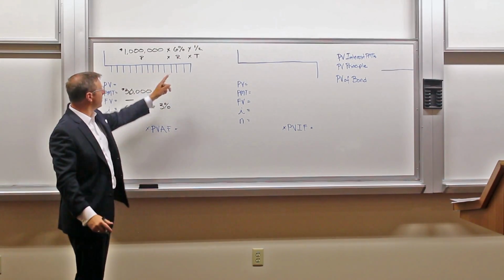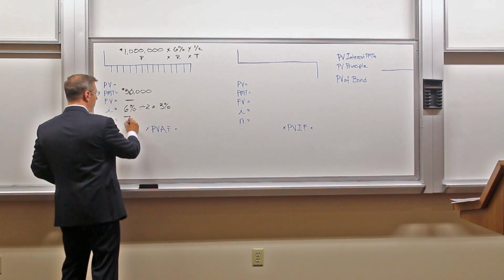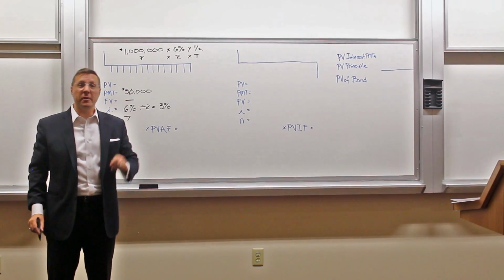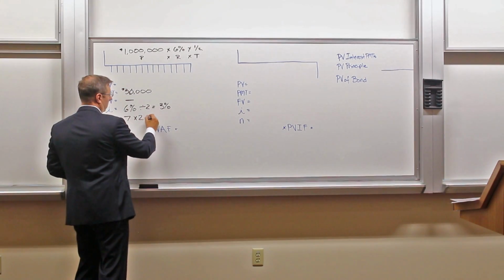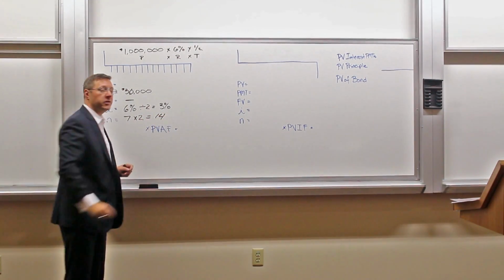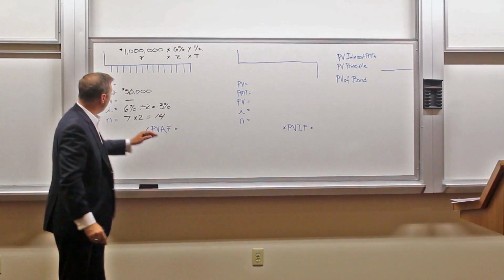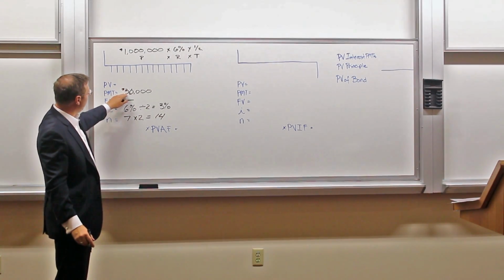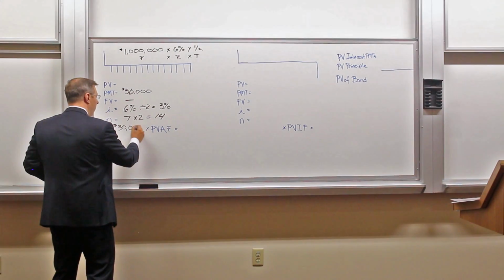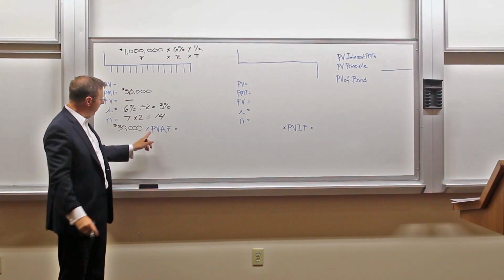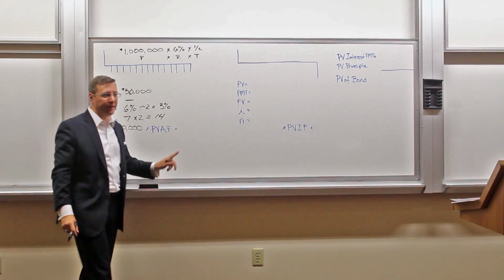The number of periods that we're going to be paying out corresponds to the number of years. But since we're making 2 payments per year, we're going to make a total of 14 payments. Over that period of time, we have our $30,000, and what we need to look up in our table is a present value annuity factor.